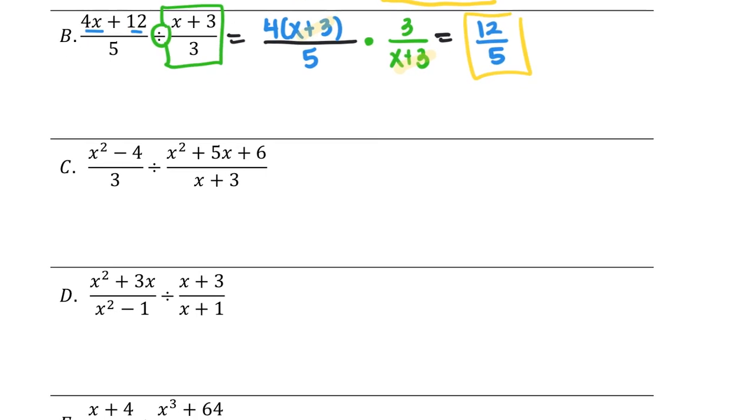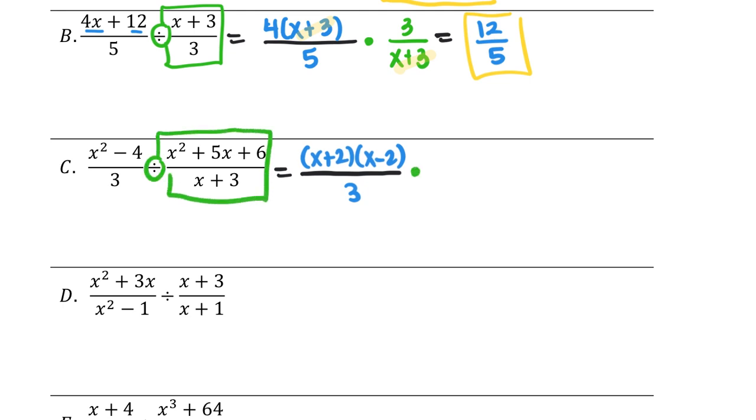Okay, let's try C. Okay, I'm going to start with the first fraction. I have x squared minus 4. There's no common factor, but I know that that is x plus 2 times x minus 2. And the denominator is a 3. Since I am dividing, I want to change it to multiplication, and then I'm going to use the reciprocal. So now the x plus 3 is at the top.